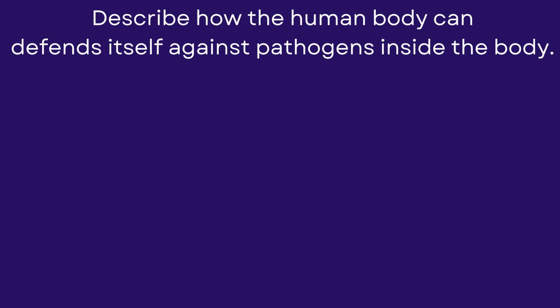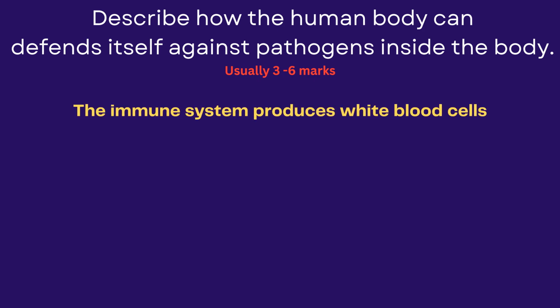Describe how the human body can defend itself against pathogen inside the body. This is usually a 3 to 6 marker, and I mainly see this question as a 6 marker. Here are the points that you need to write down. It doesn't matter how many marks the question is worth. Write down these points. The immune system produces white blood cells.